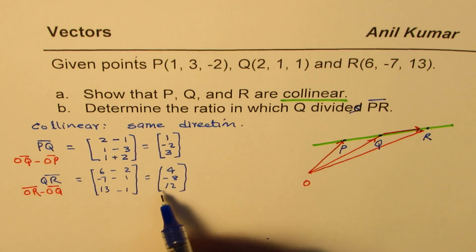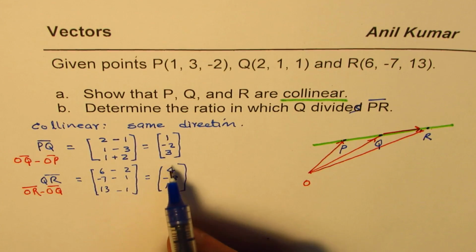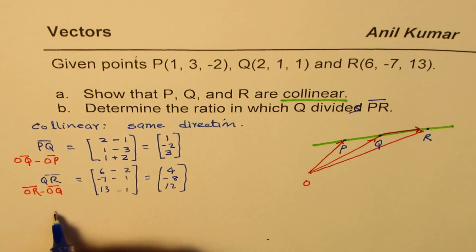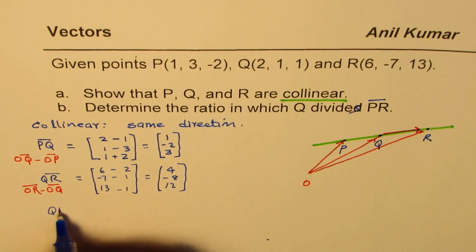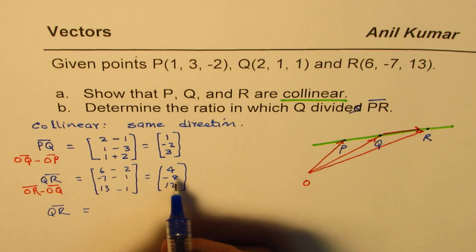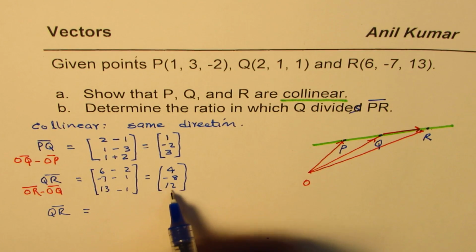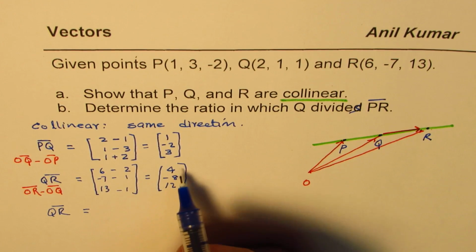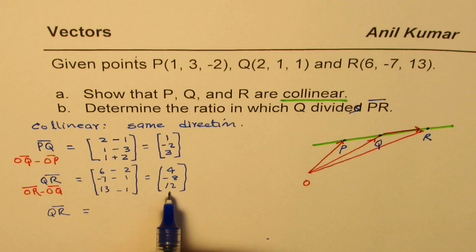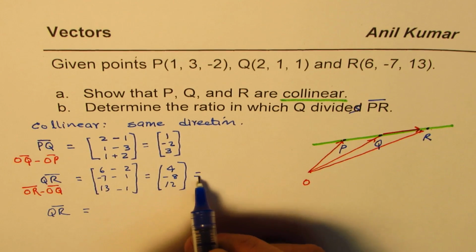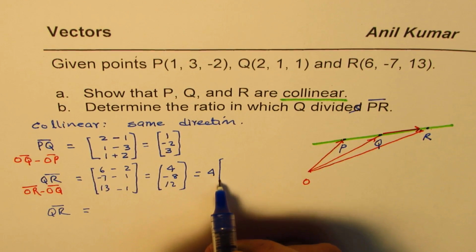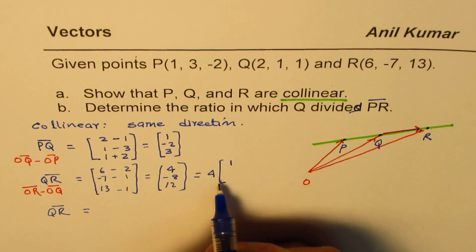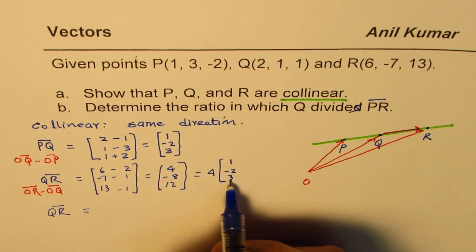Now, are they related? What you notice here is you can write QR as (4, -8, 12), and PQ is (1, -2, 3). So what I can do is factor out 4, so I could write this as 4 times (1, -2, 3). Do you see that part?